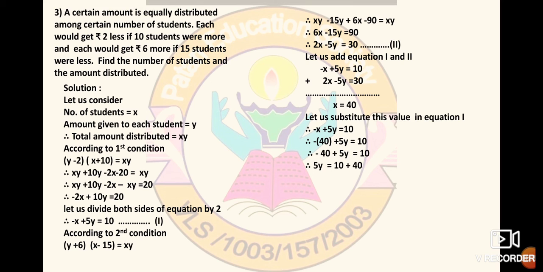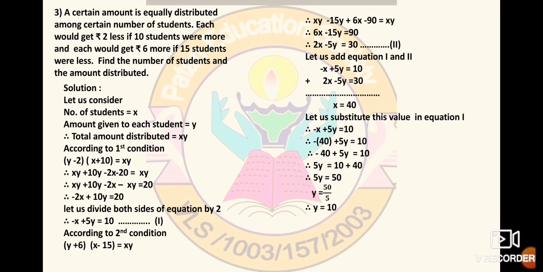The 40 comes to the right-hand side, so 5y is equal to 10 plus 40. 5y is equal to 50. y is equal to 50 divided by 5. y is equal to 10.